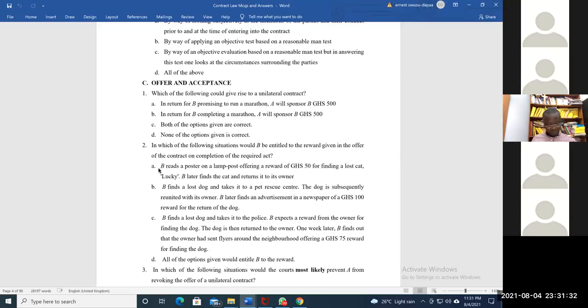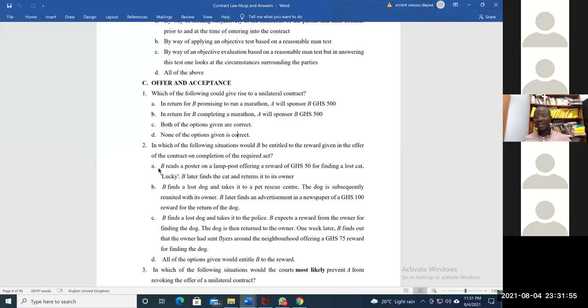And in question 2, if we are looking at the other views where, for instance, a policeman saw the offer later but had performed the act, if we are bringing all those exceptions to it, then it means that D is the answer. How would we be able to know that we should think this way or that way?